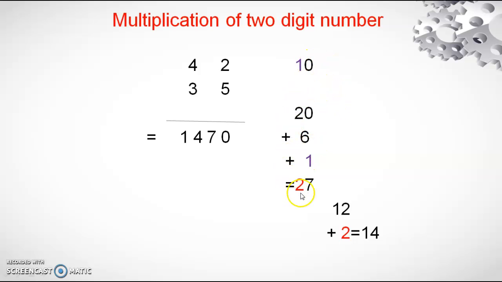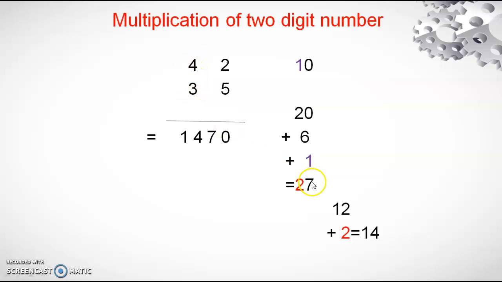So addition of all these three numbers is 27. So we will write only 7 here, and 2 which I have written in red color we will carry for our next step.